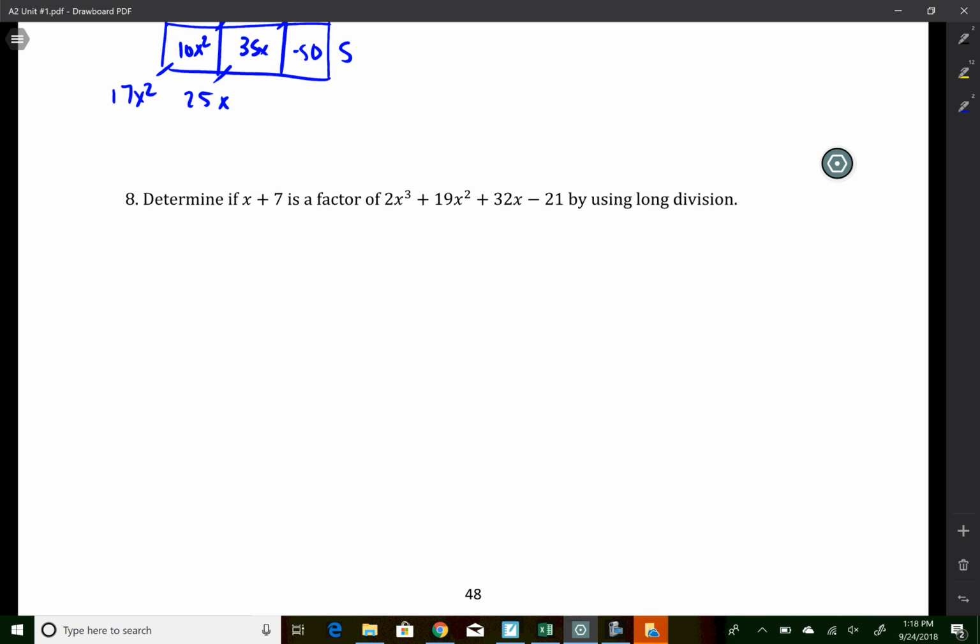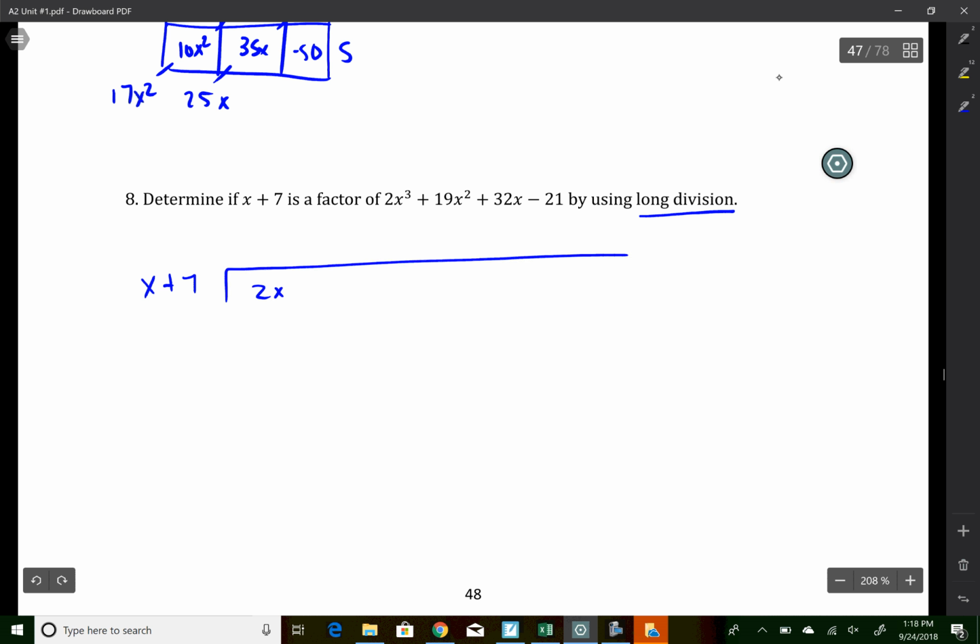Number 8 says determine if this is a factor using long division. So let's just practice that long division method. So I have 2x cubed plus 19x squared plus 32x minus 21. I need to put 2x squared here so that this would match. That's going to give me plus 14x squared.